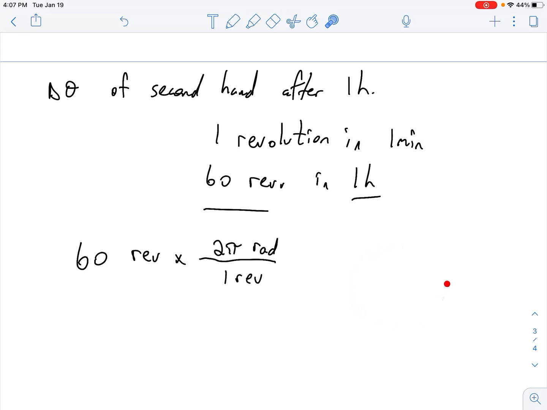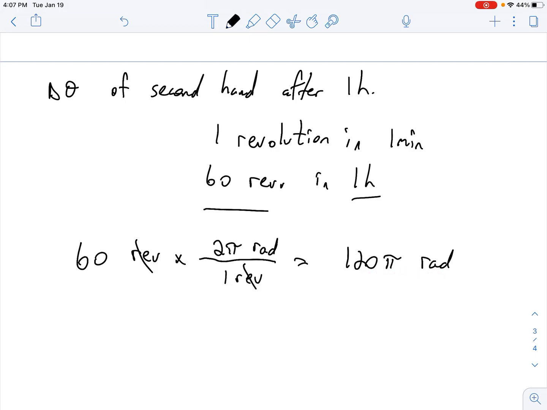I've also traveled 1 full revolution. Revolutions cancel, and that would give me 120 pi radians. So the angular displacement of the second hand in 1 hour is going to be 120 times pi radians.